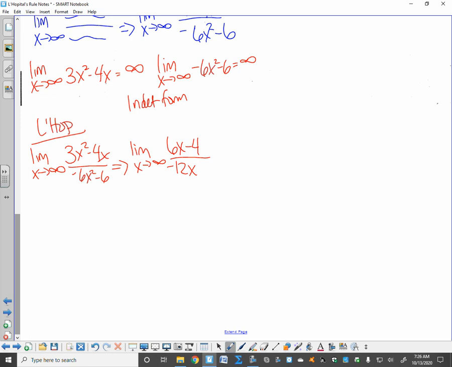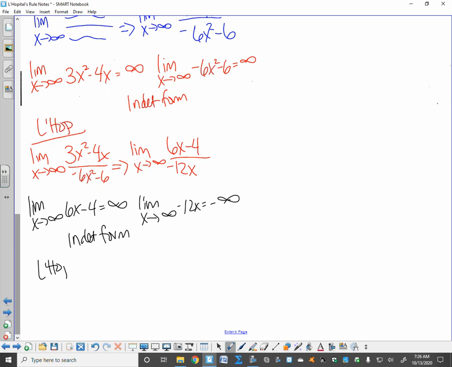It's still indeterminate form. So, round 3, the limit as x approaches infinity of 6x minus 4 is infinity. The limit as x approaches infinity of negative 12x is negative infinity. This is indeterminate form.